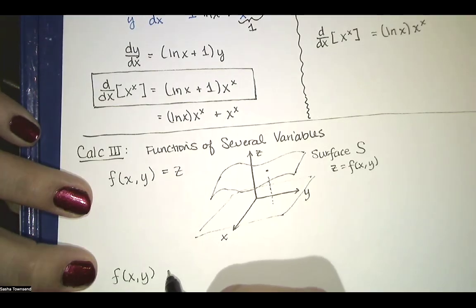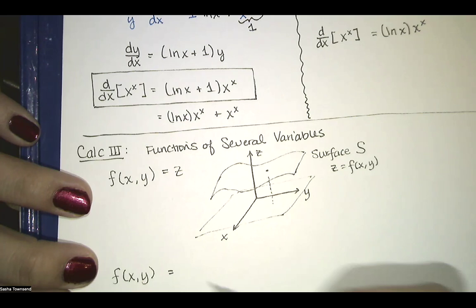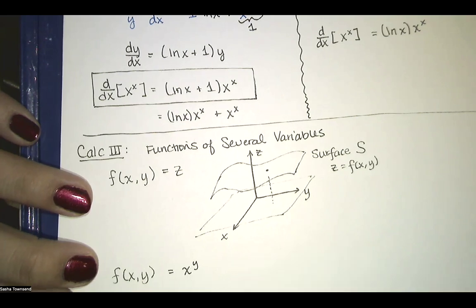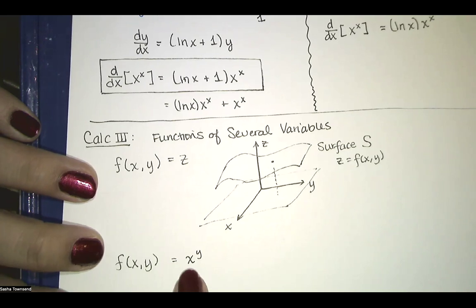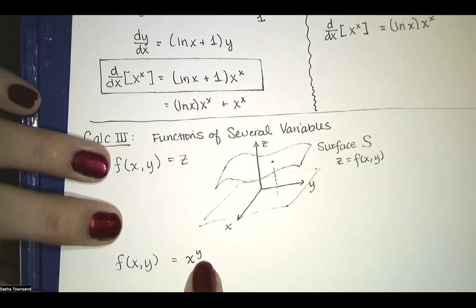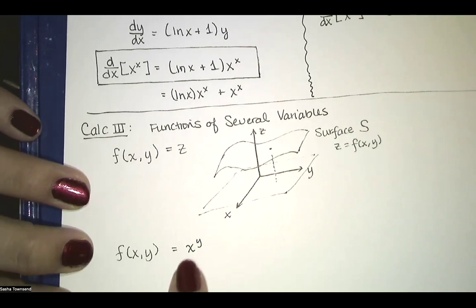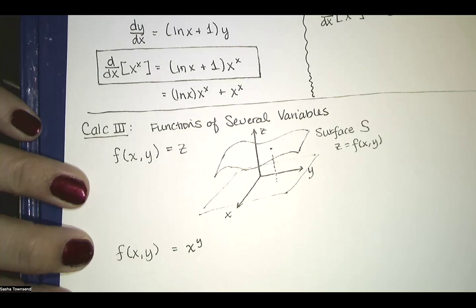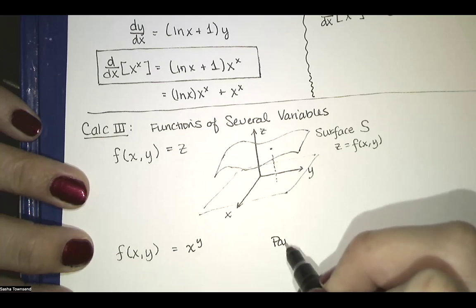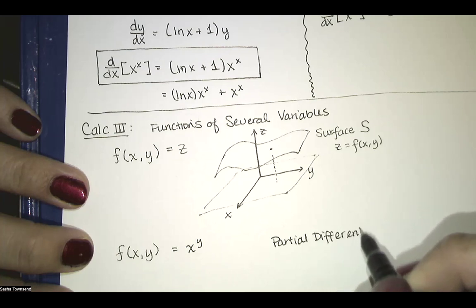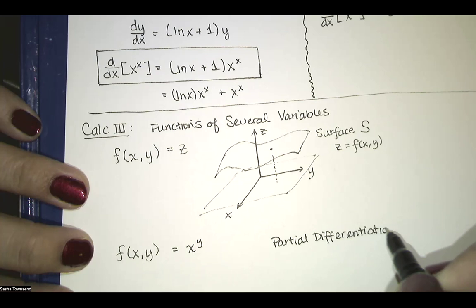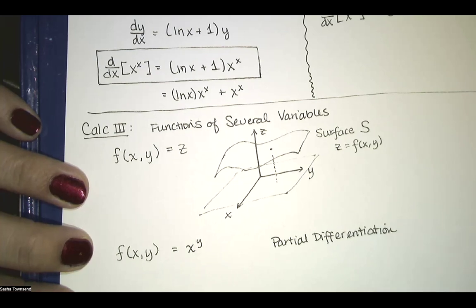So, okay, well, what if I had a function of two variables x and y, and I was interested in that function where the base is x and it's raised to the y power? Well, in calculus 3, we learned about something called partial differentiation. In calc 1, we learned about the slope of a tangent line.